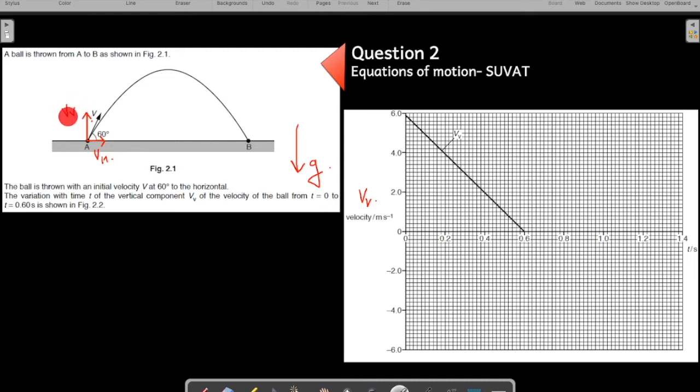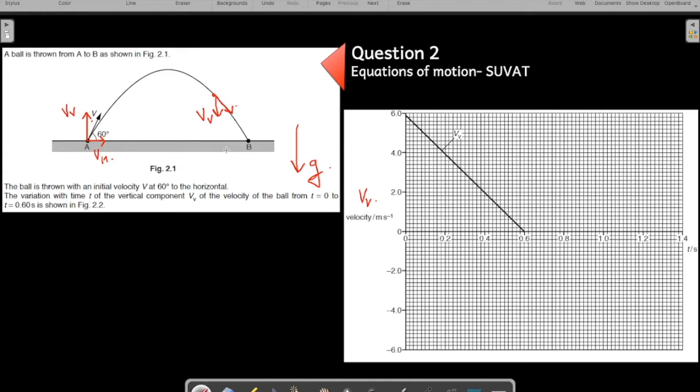So only the vertical component experiences acceleration due to gravity because they are in the same direction or in the opposite direction, right? When the vertical component is opposite to g, there is a deceleration. As the object moves this way, the vertical component will be in the same direction as the value of g.